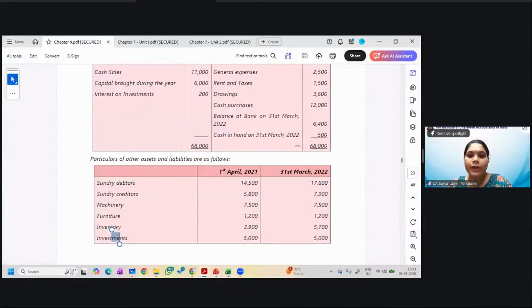I've taken the balances from here for balance sheet. The closing balances are given here. All the balances are given here for closing balances. So I've taken these balances. Right?